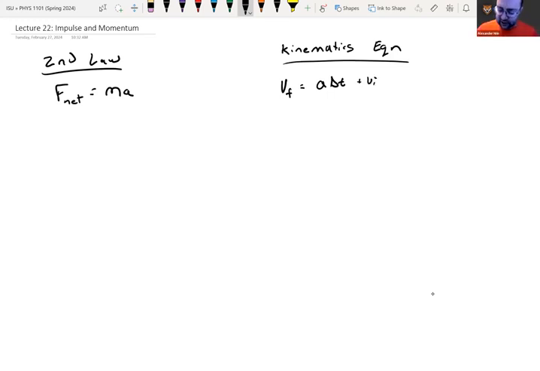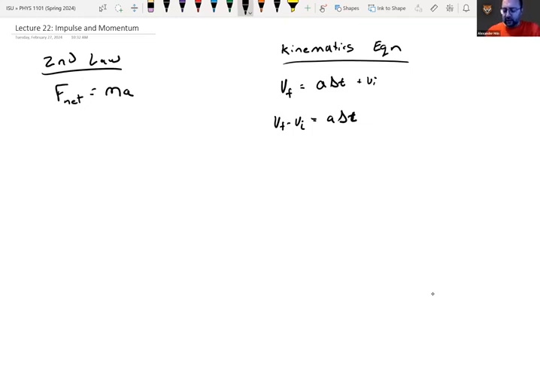Now I'm going to rearrange this a little bit. So you have V final minus V initial, that was just delta V as a reminder, equals A delta T. So that was basically the definition of acceleration: delta V over delta T equals acceleration, if acceleration is constant.